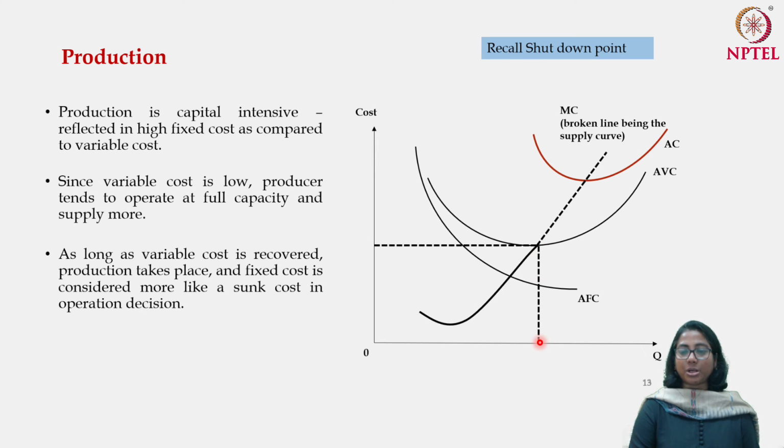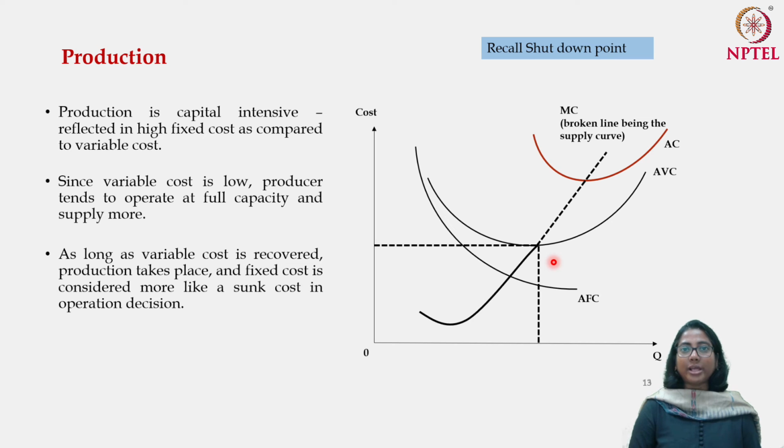It's producing this much. Now what is happening here? You see here this P multiplied by Q, this rectangular area, is giving you the revenue. And this area also is giving you the total variable cost. So through your revenue, you are recovering just your variable cost.